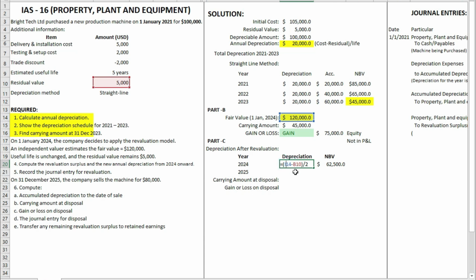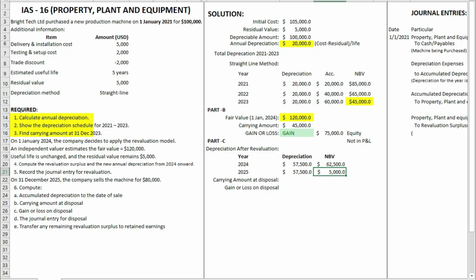It's our, add the dollar sign, and this is also, and the net book value would be, again, here we have to add this. So 5,000 would be our net book value now. So this is our net book value. We have found the net book value and the depreciation after the revaluation.